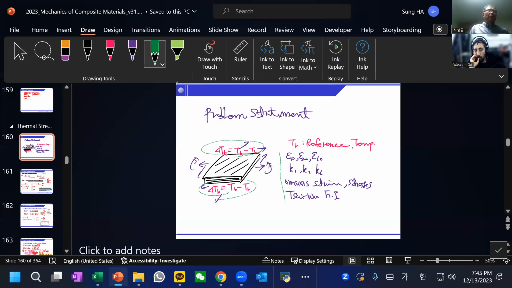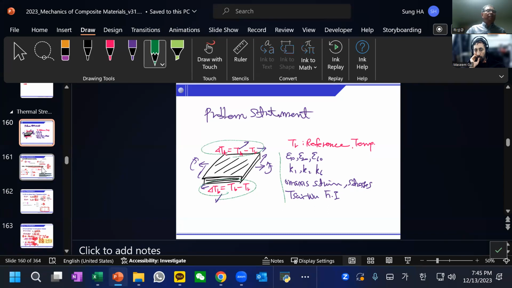Of course, all the layup sequence and material properties are given. Now, what we would like to do is derive how to obtain these deformations and stresses for the given temperature.